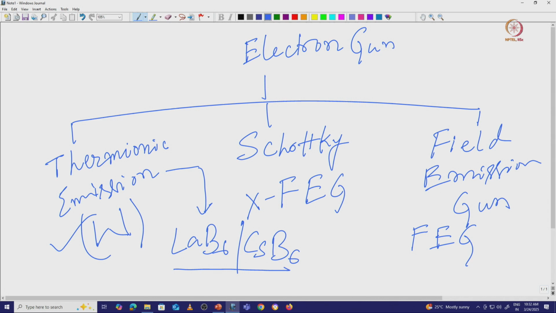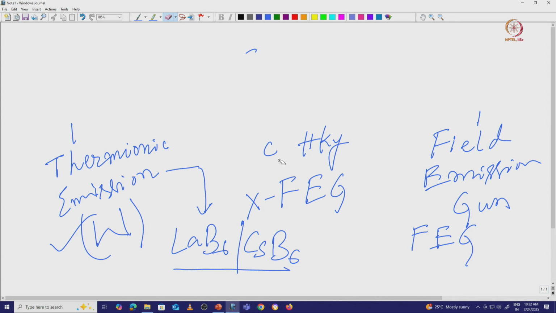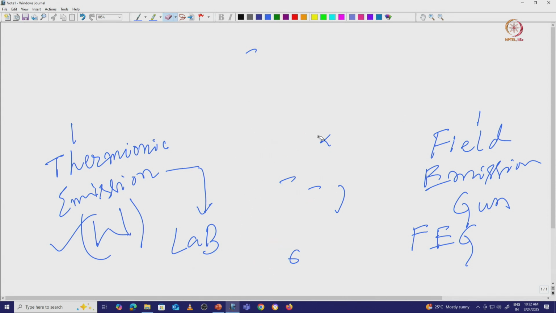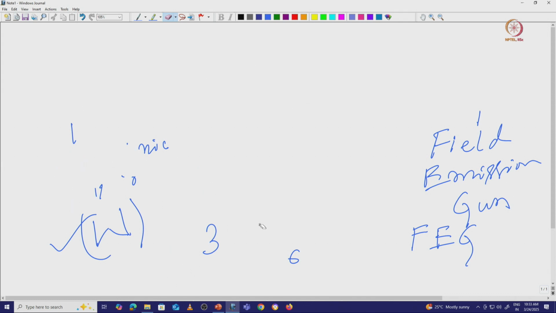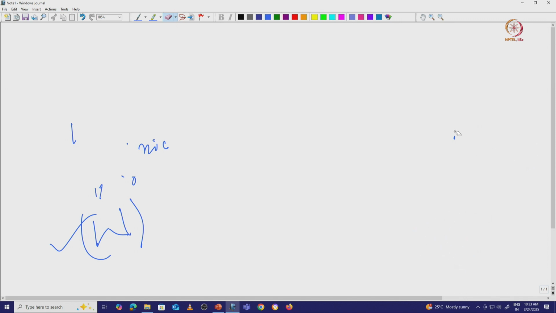What is the relationship between these three different types of electron gun? So, let us take a look at how this electron gun is working. If we look now at the work function, what is the relationship between the work function and all these three types of electron gun?